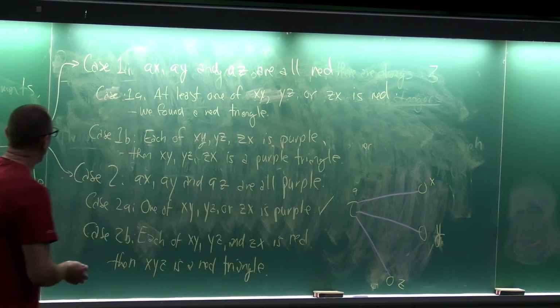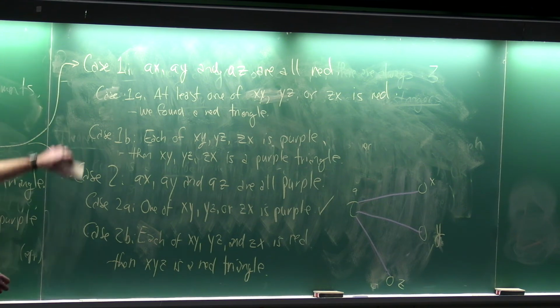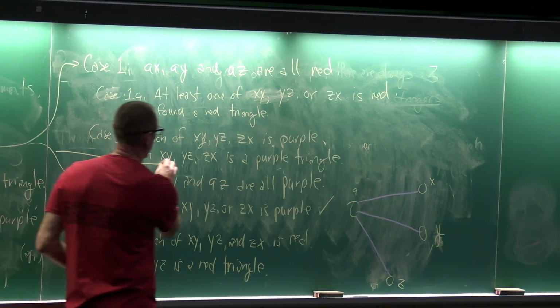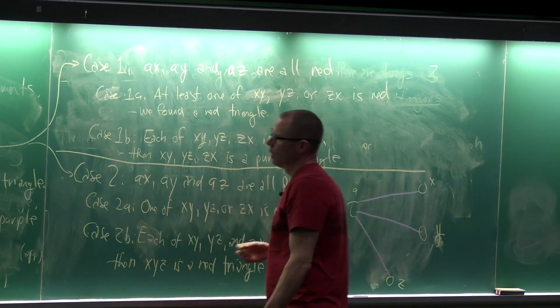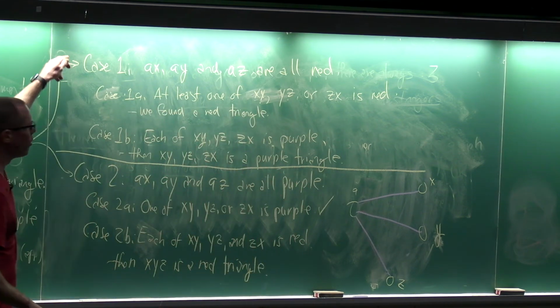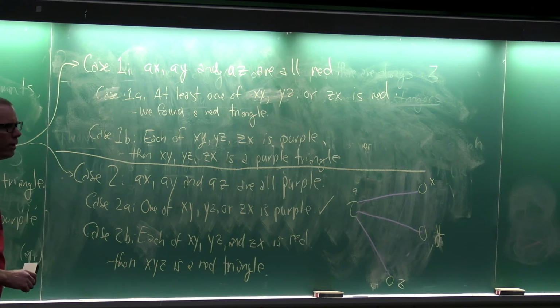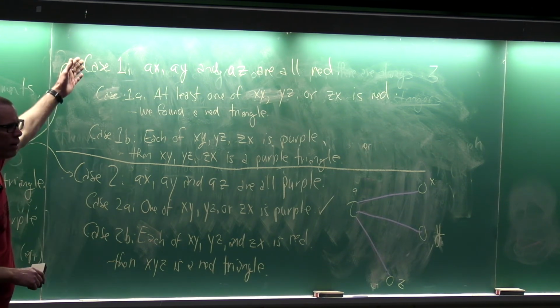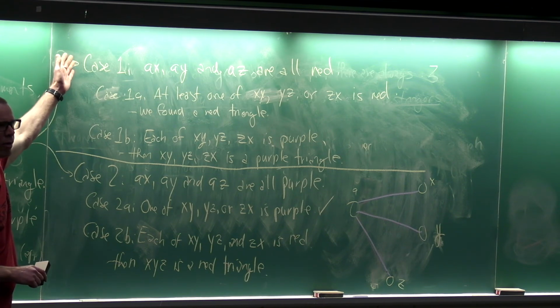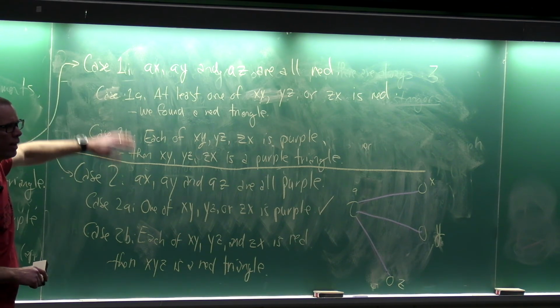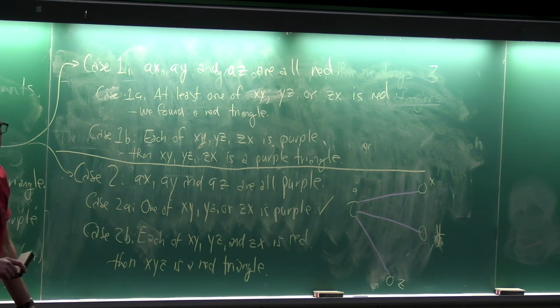Okay. And if you really look at what happened here, case 2 is exactly what we did in case 1. We just swapped the roles of red and purple. So that's why it really was okay to assume that it was 3 red edges, because whatever argument we made to handle that, exactly the same thing works down here.